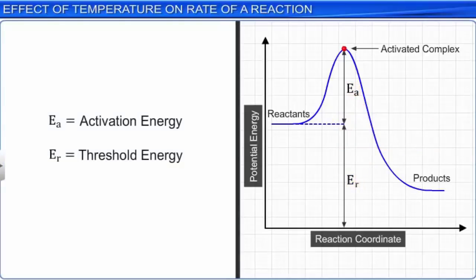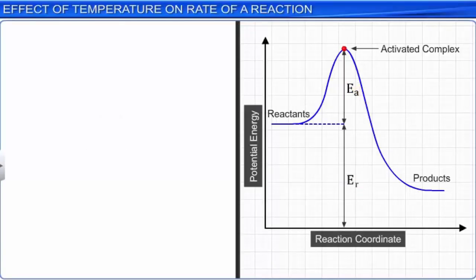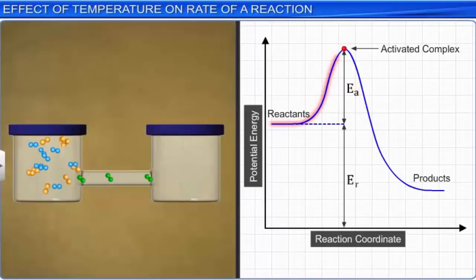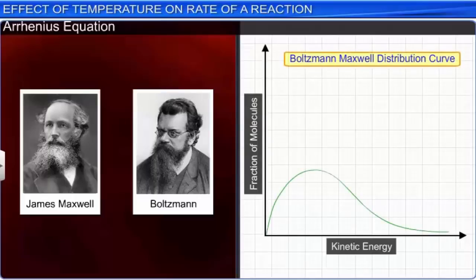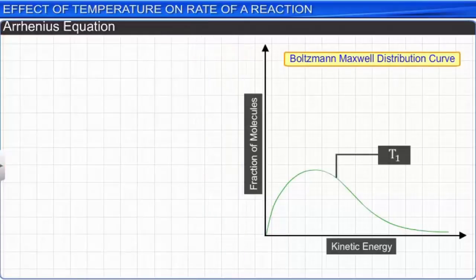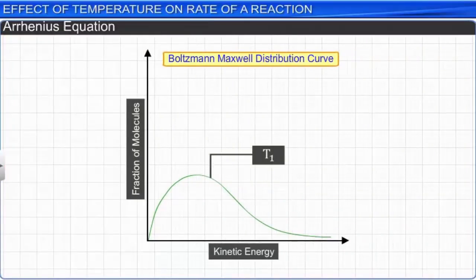Hence, not all molecules have enough activation energy to take part in a reaction. If we plot the fraction of molecules with the given kinetic energy, we get the Boltzmann-Maxwell distribution curve shown here. Only those fractions of molecules on the right-hand side of the activation energy take part in the reaction.